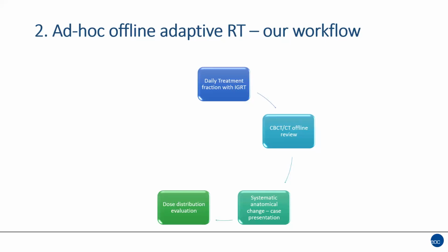As physicists, of course, we are involved in dose distribution evaluation, which can give extra information to the doctors on whether the patient needs to be rescanned and replanned. If so, we do the process from the start: we scan the patient, replan, do the QA, and then we treat again.